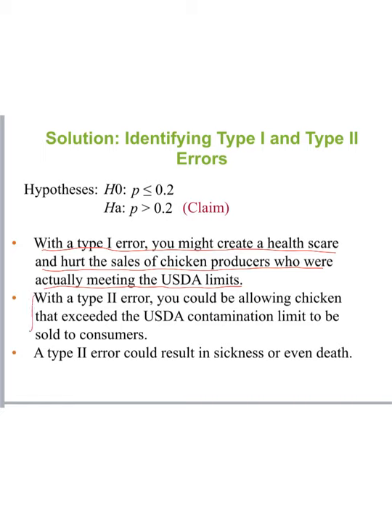With a type 2 error, think about it: the actual percentage was greater than 20, but you didn't reject the null. So you could be allowing chicken that exceeds USDA contamination limits to be sold to consumers. So a type 2 error could result in sickness or death. That is a very serious situation. So it is very important to understand type 1 and type 2 error in this context.